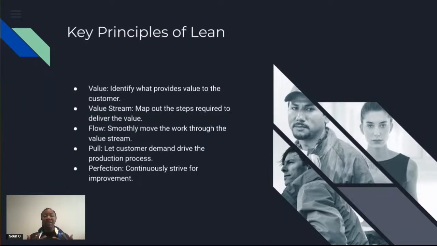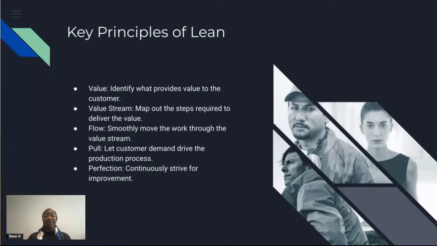For example, say your product is one where the customer needs to be able to request for something. You've identified that the thing they're requesting provides value to the customer.